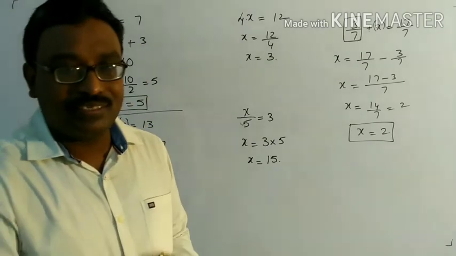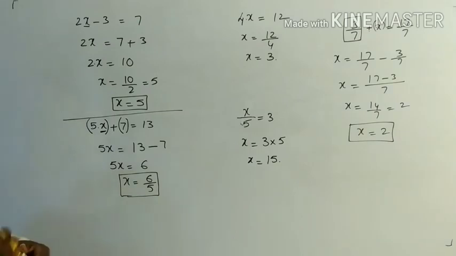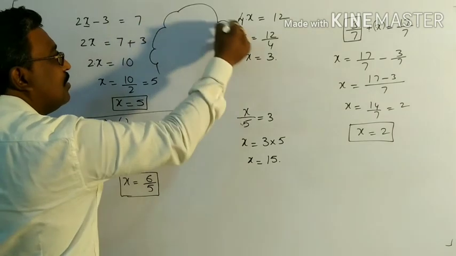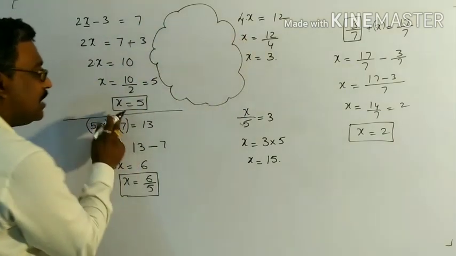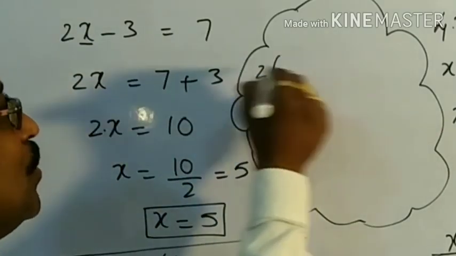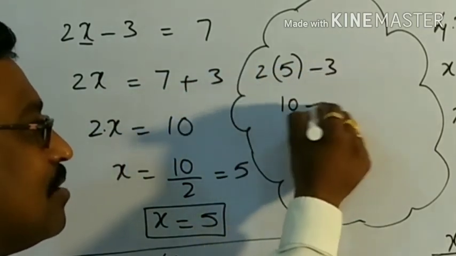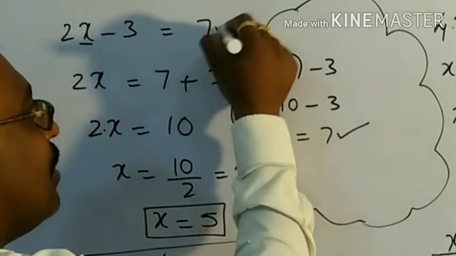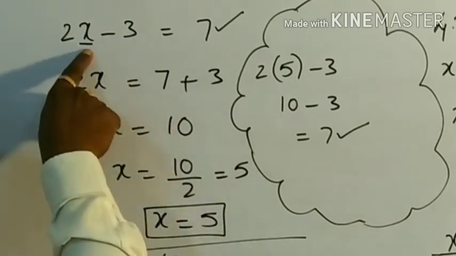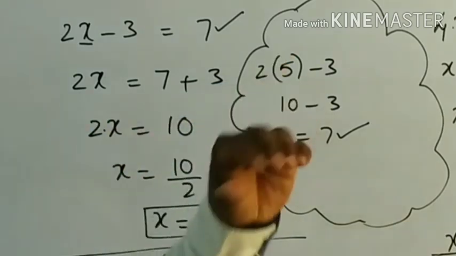What does it indicate? Did you understand my question? Now I am telling you. See here. What is the x value here? 5. I am substituting here: 2, x value is 5, minus 3. 2 fives are 10, minus 3 is 7. That means if you substitute this x value in this, you should get the RHS. Other than 5, imagine any other value.